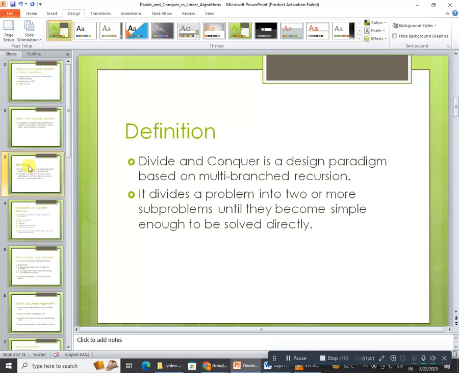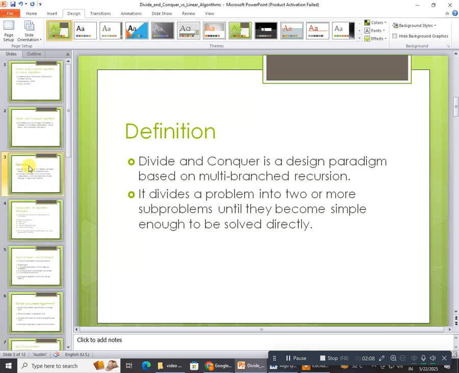You will call the function on each of those individual parts until the base condition is fulfilled, and then you start the conquer approach, in which you combine each of the smaller sub problems which have been solved into a single solved unit.